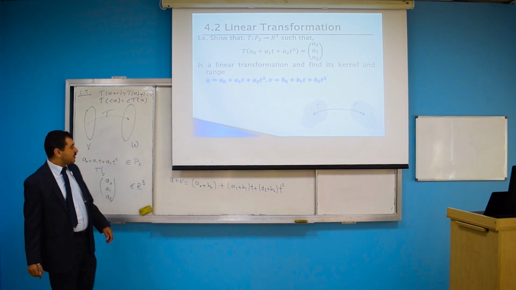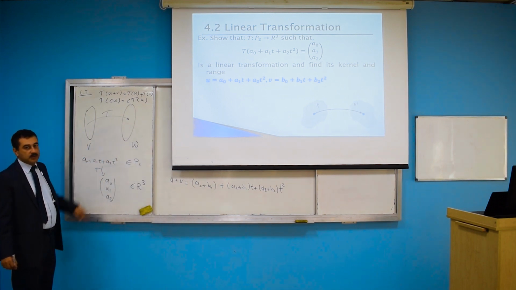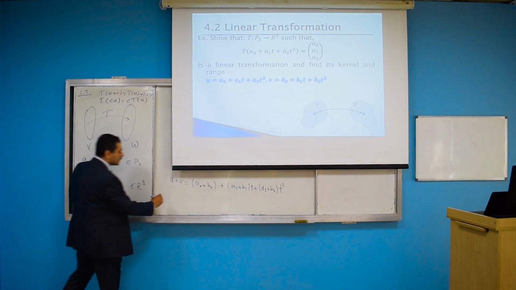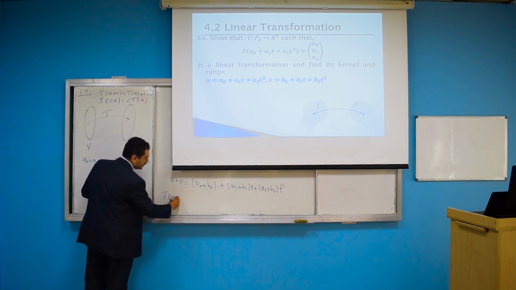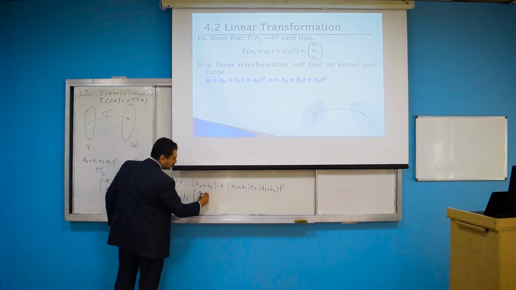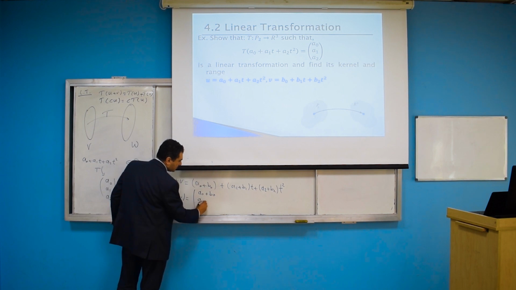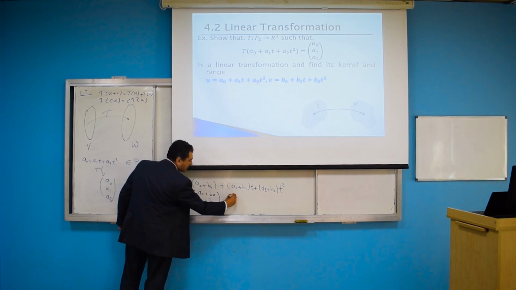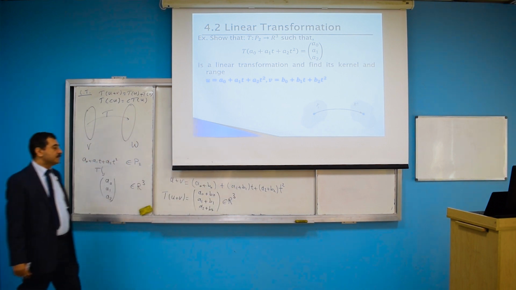And then do the transformation according to this rule. The rule is defined in the problem. Okay? So the rule here is to take just the coefficients and write them in a vector form. So this is my new vector belonging to R3.